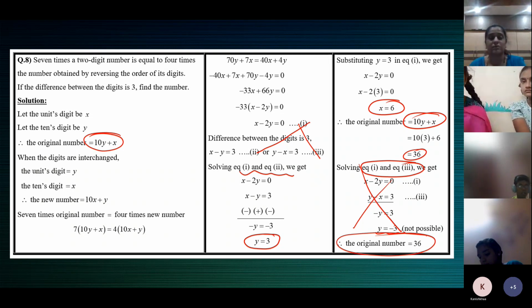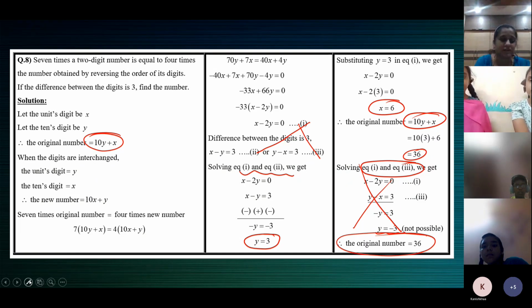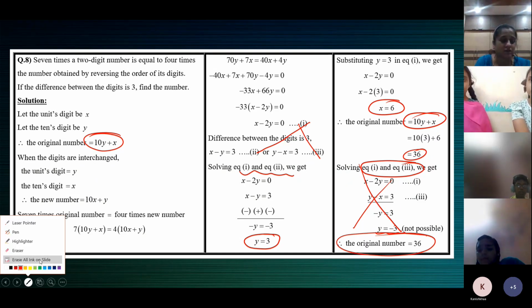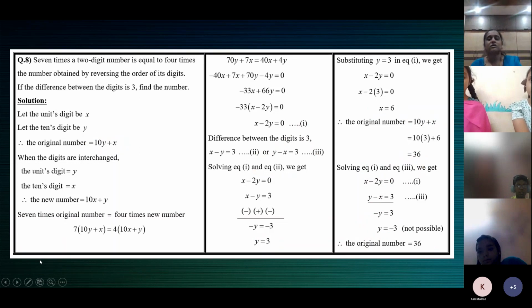Only one answer here. We can get two answers, but when we solve equations 1 and 3, we get y is minus 3. Y is the digit in the tens place, and it cannot be negative. I told you earlier, a digit of a number cannot be a fraction. It cannot be negative.